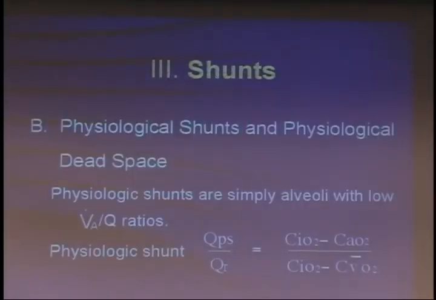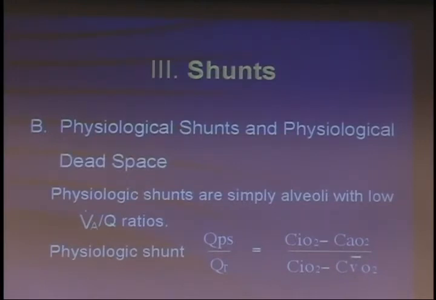Now, we talked a little bit in an earlier lecture about dead space, and the way we started off talking about dead space was that you could think of the major airways, the trachea and its branches, as constituting anatomical dead space, and that's easy to understand. Big, thick airways don't exchange gases with the blood.